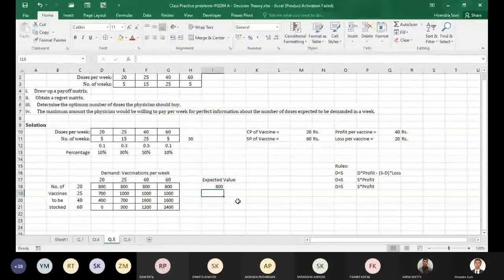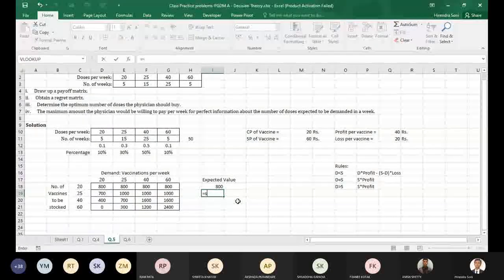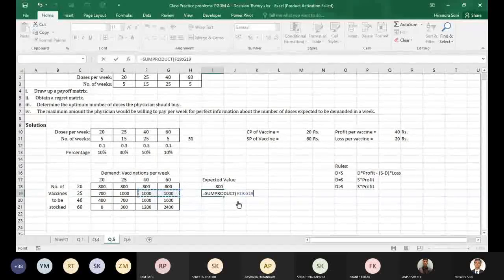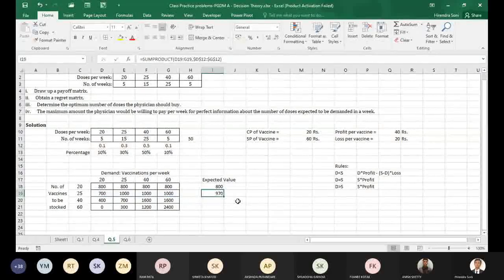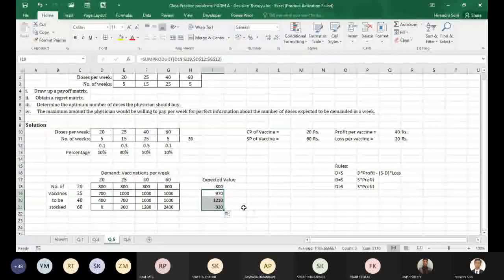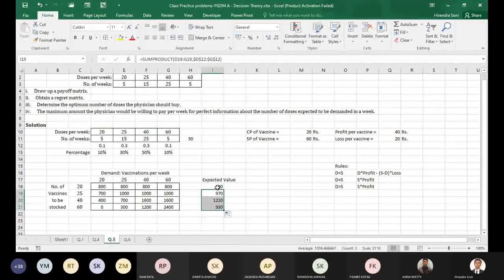तो what is the probability, how much you can actually earn? So equals to SUMPRODUCT of this value comma their probabilities. So अब मैं इधर पर एक तरह से देखा जाए तो मेरे को सबसे ज्यादा कमाई का possibility is when I am going to stock 40 units.